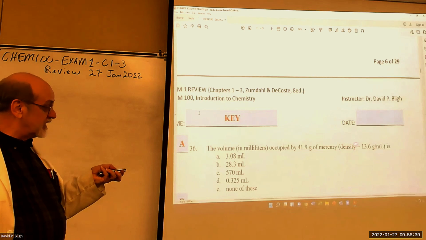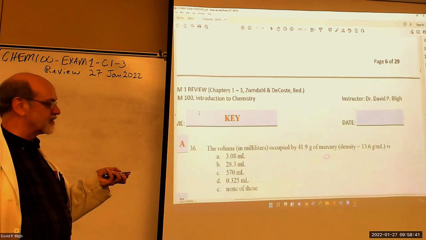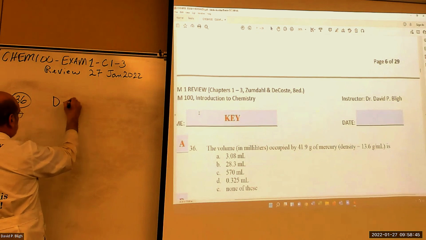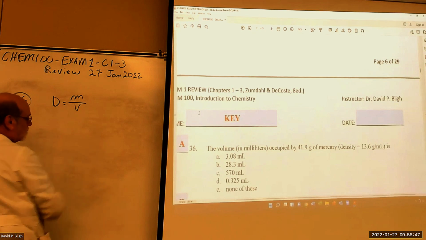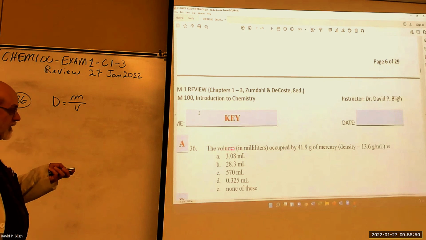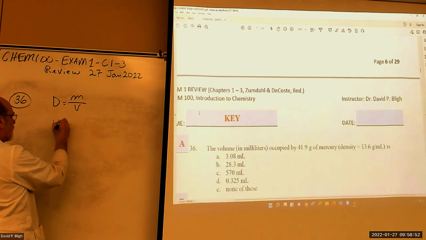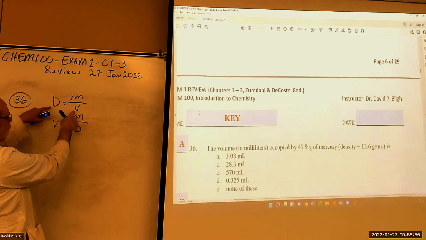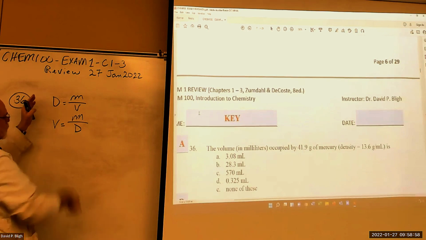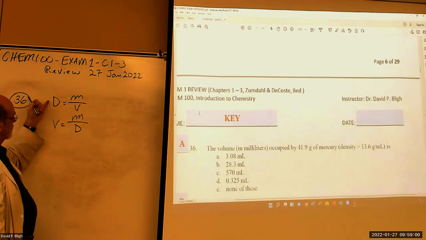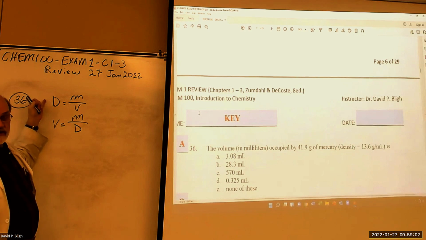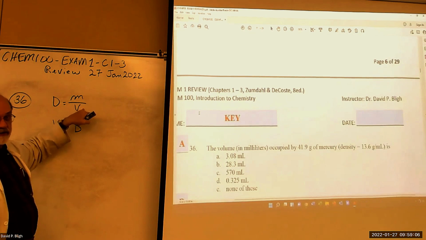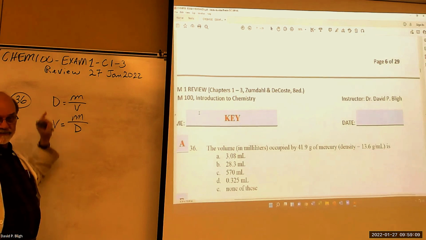If we know the density and we know the mass, we can find the volume because of this formula. We want to know the volume. So if we solve for volume, we get mass divided by density. These two just swap places. When you cross the equal sign, the term goes into the denominator if it's in the numerator, and if it's in the denominator it ends up in the numerator.